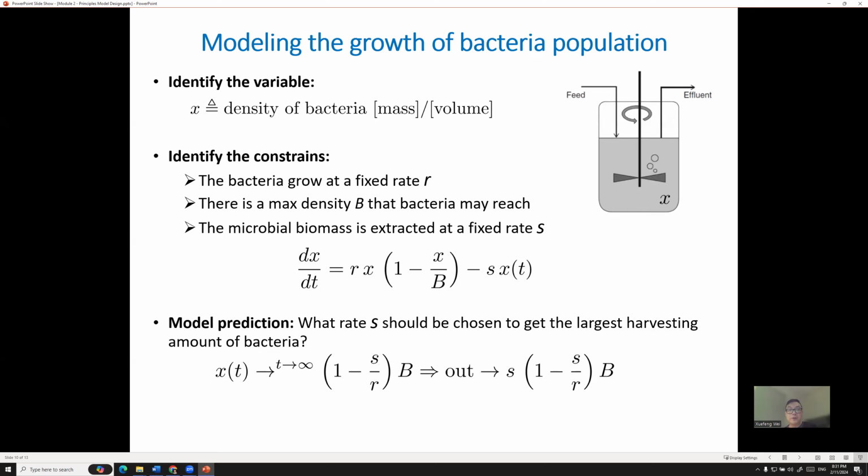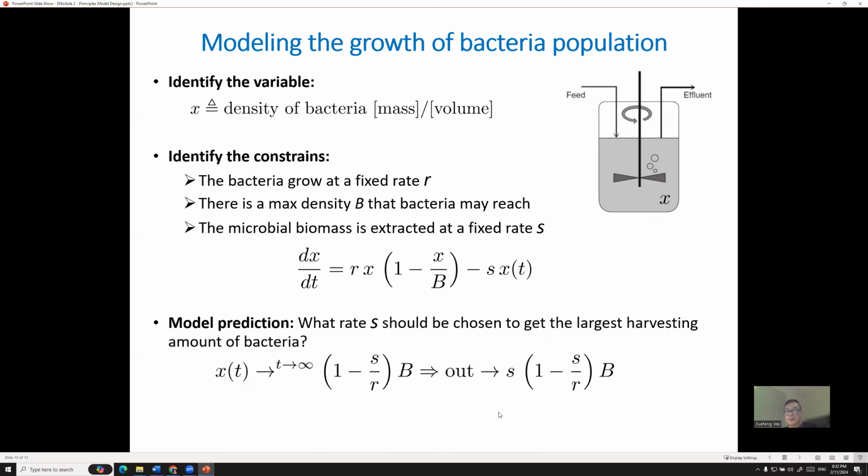You can also think about it this way: since the amount of extracted biomass is a concave function of S, the maximum will be reached when the derivative of the output in terms of S is 0. When the derivative is 0, it means the slope is 0, and that means it reached a maximum point.